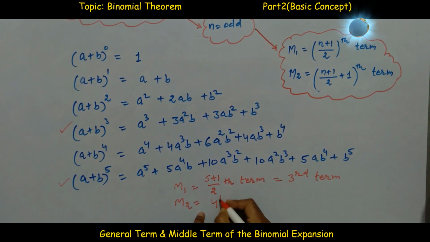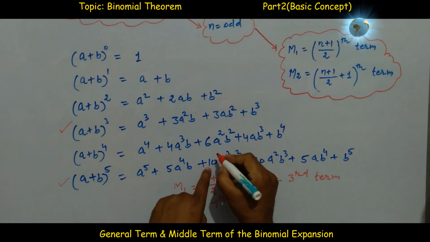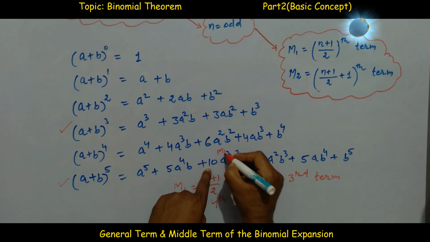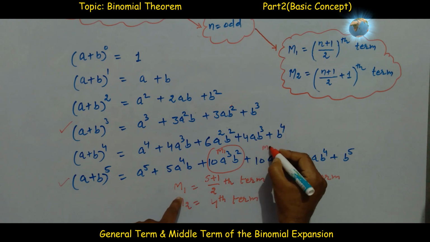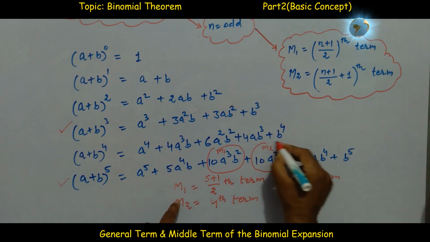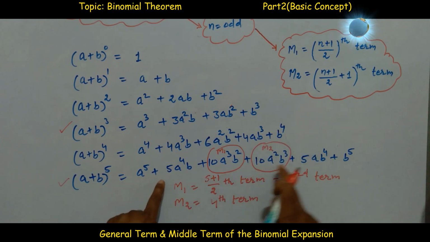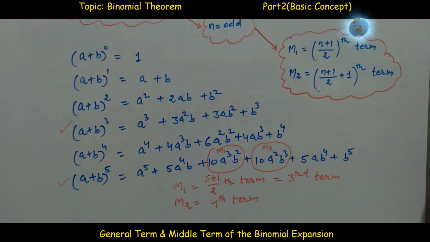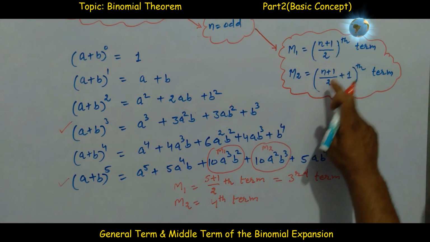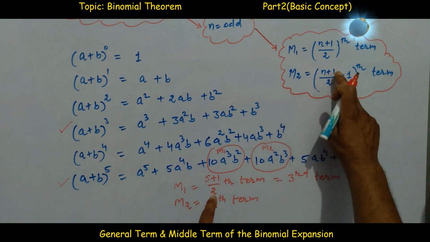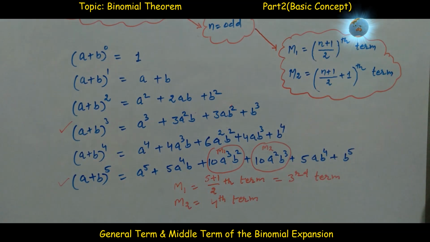This is the fourth term. So the middle term, third is m1 and this is m2, the second middle term. Two middle terms will be there. So this way, the first middle term is the ((n+1)/2)th term, and the second middle term is the ((n+1)/2 + 1)th term.